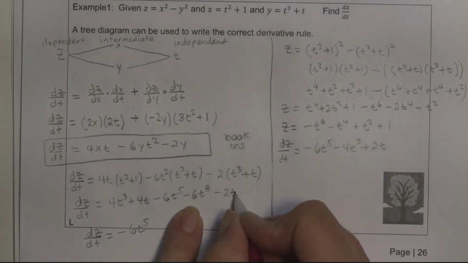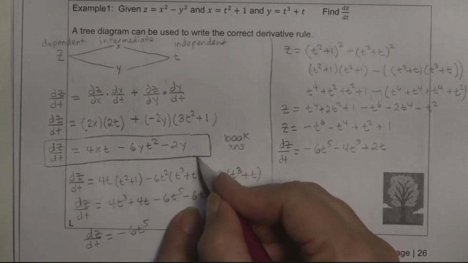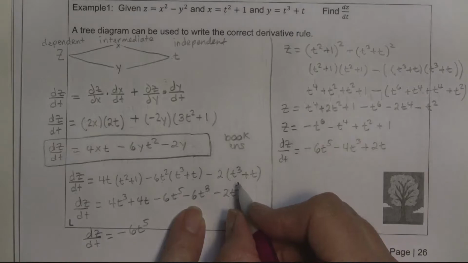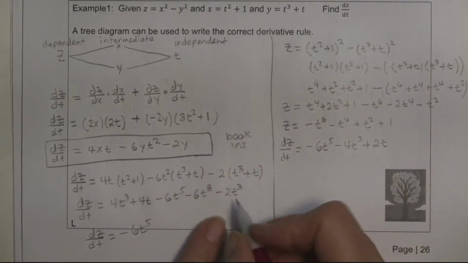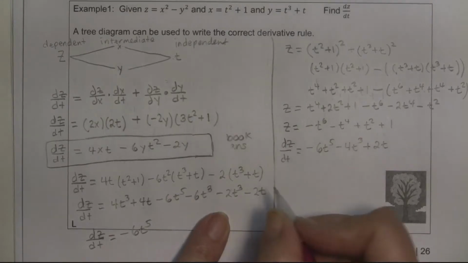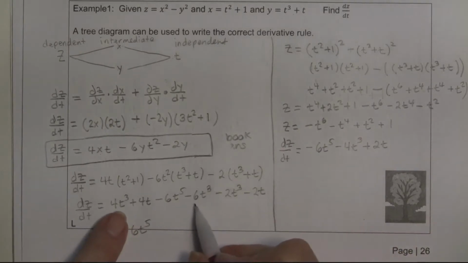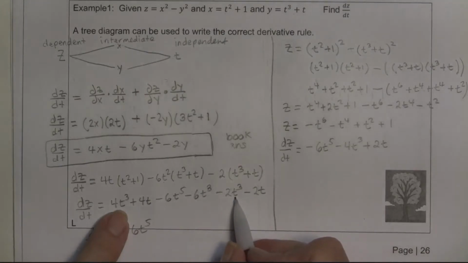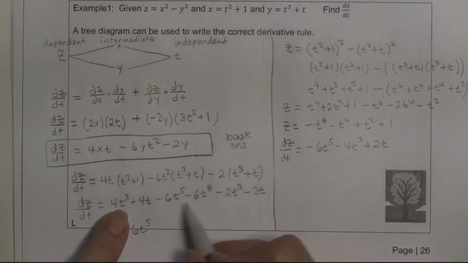And so how many algebra mistakes have I made now? Minus 2t to the third. That's the reason we want to stop here, although I had a boo-boo there because of this. Okay, so here minus 2t. And then hopefully now I have 4 minus 6 minus 2. That's minus 8.